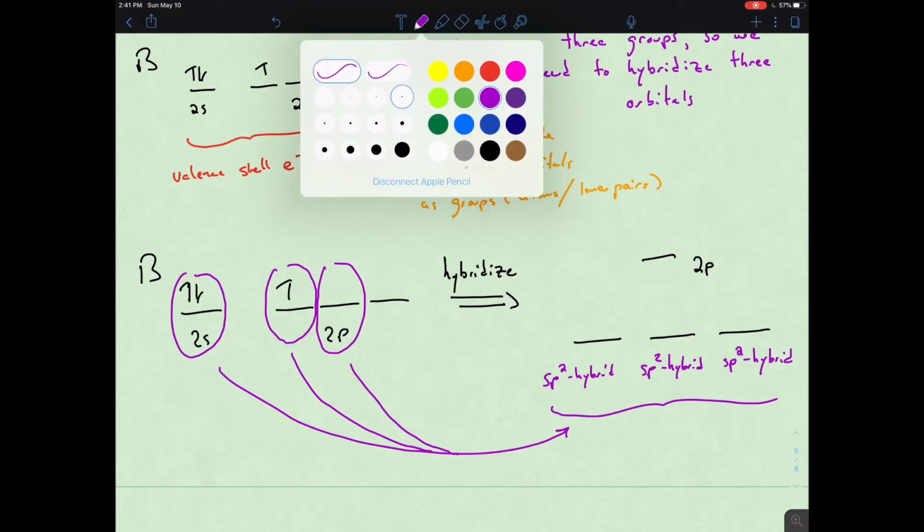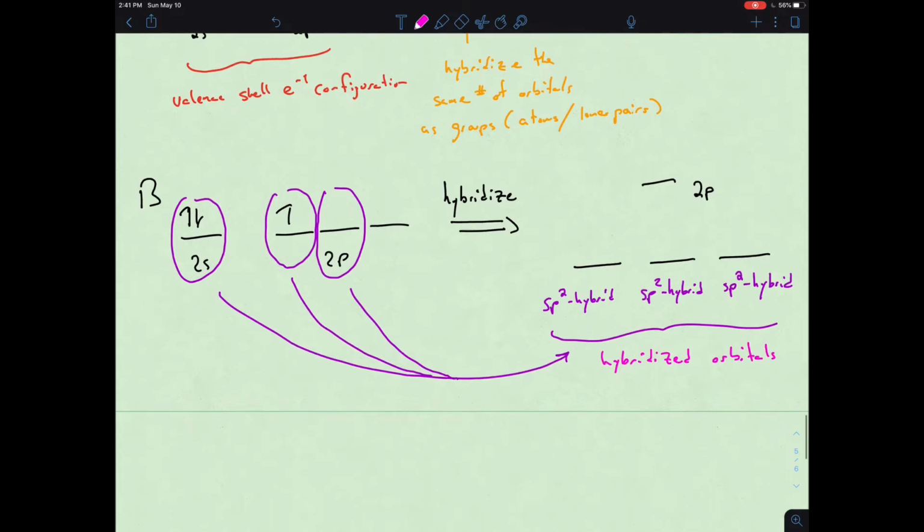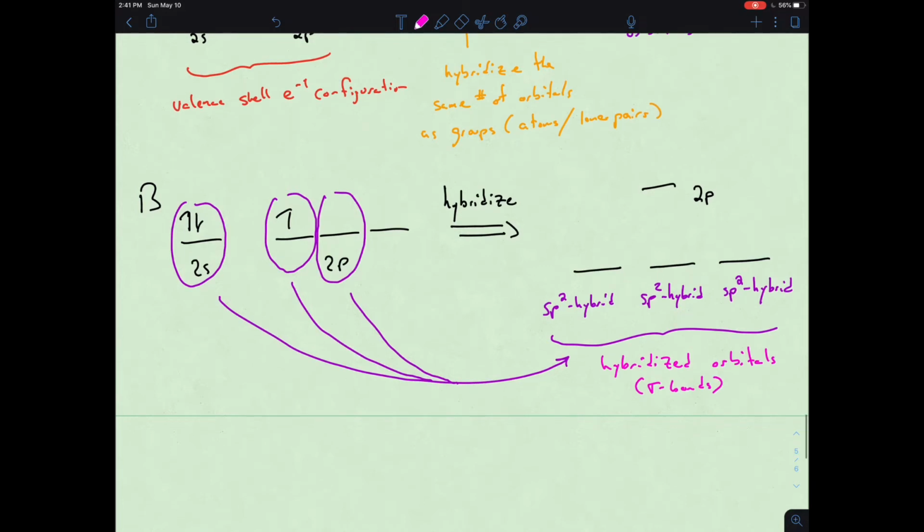Below we have our hybridized orbitals, and that's where our sigma bonds are going to come into play.